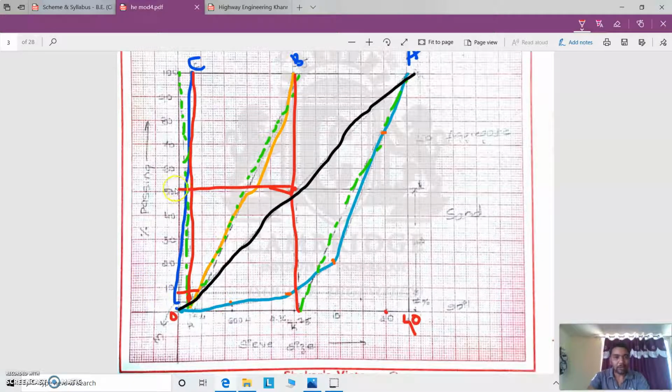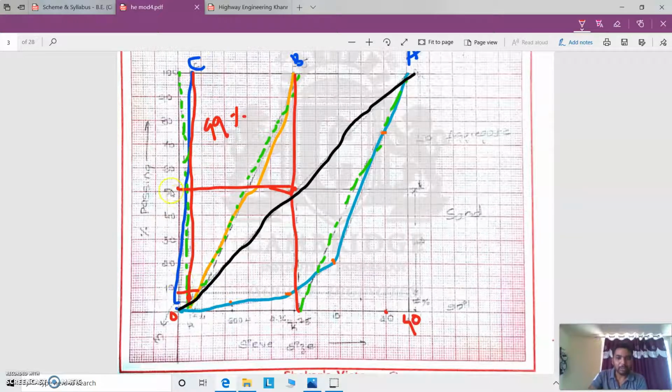Once we reach the y-axis, from this point we measure how much percentage of passing is considered. Once we measure here, we get 49 percent of passing, and that means 49 divisions.